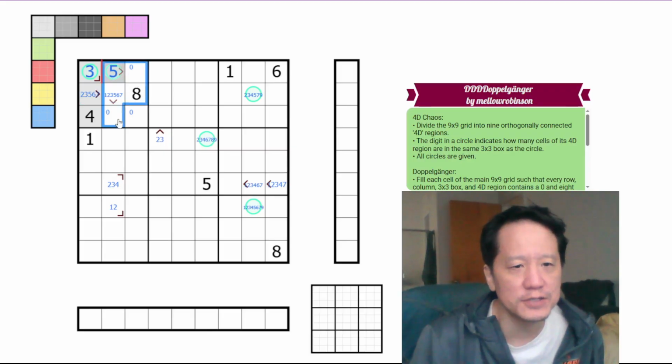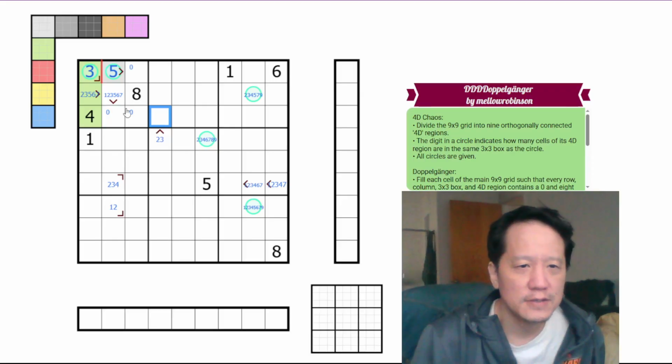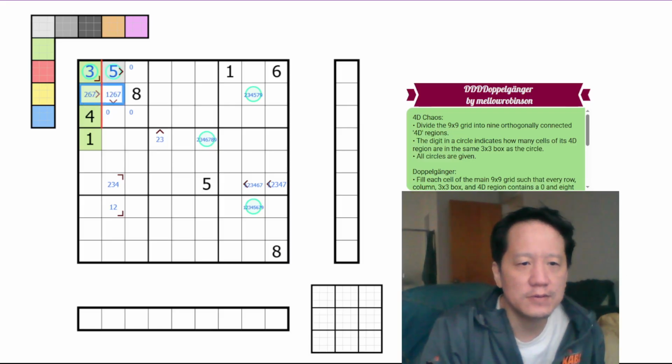So 5 cells in this region are... well, okay, so then we'll make this green, because it has to go out there, and this is going to be light. So this must go out here. It goes out to there. This is green. 5 of the cells in box 1 are light, and so we can't have 3 and 5 here.